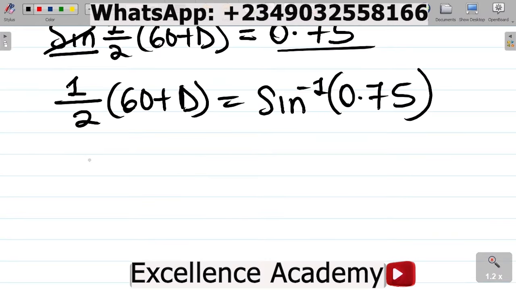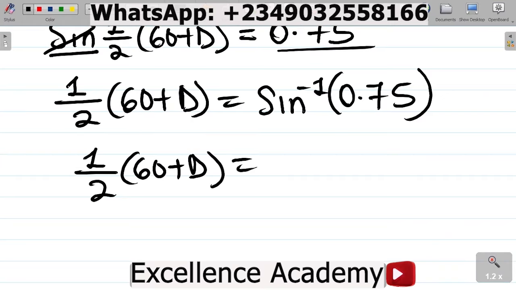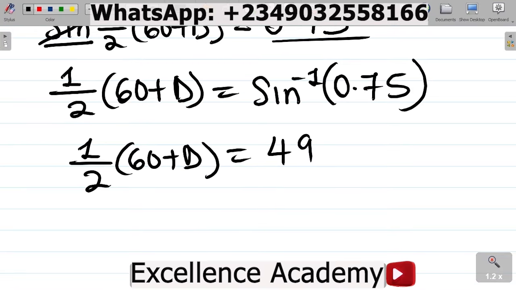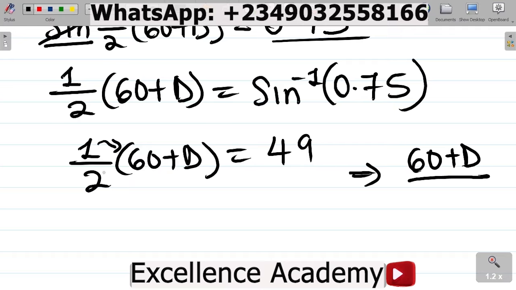So we are saying that 1 over 2 into 60 plus D is equal to what there? 49. So we have this. So how do we solve this? Now, in solving this, of course, 1 times 60 plus D gives you 60 plus D all over your denominator here, 2.